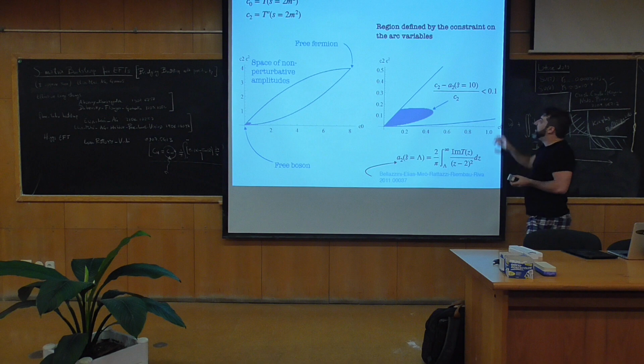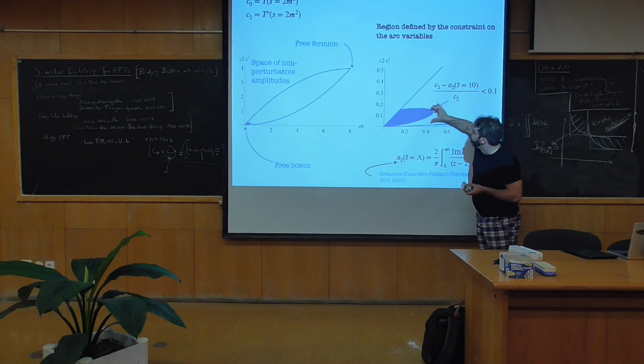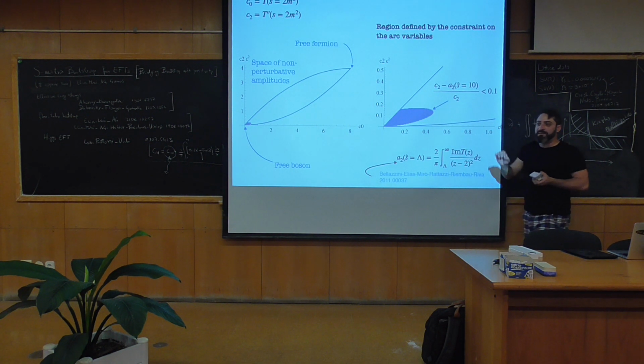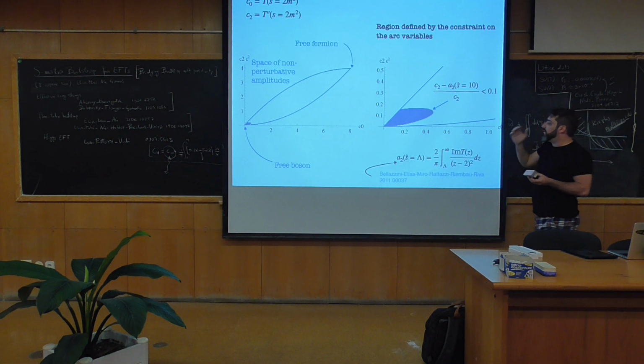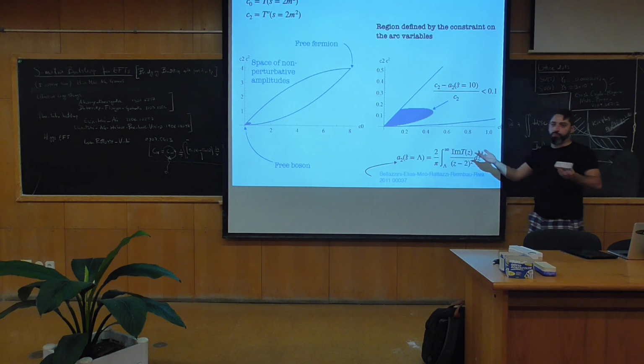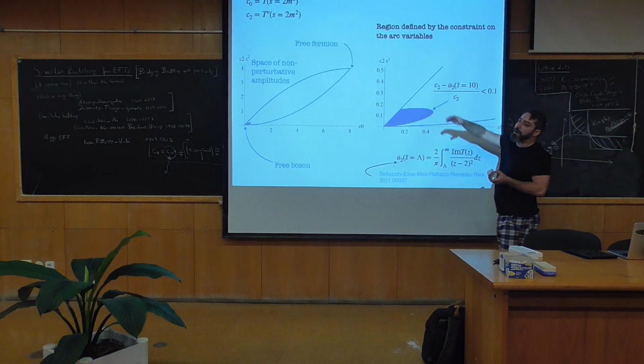Okay? And the effect of this constraint is already nice because it really shrinks the whole region to a very small region concentrated around the free theory, okay, the free boson, which is the effective field theory that we have in mind when we input these arc bounds. Okay, we could do the same around the free fermion.